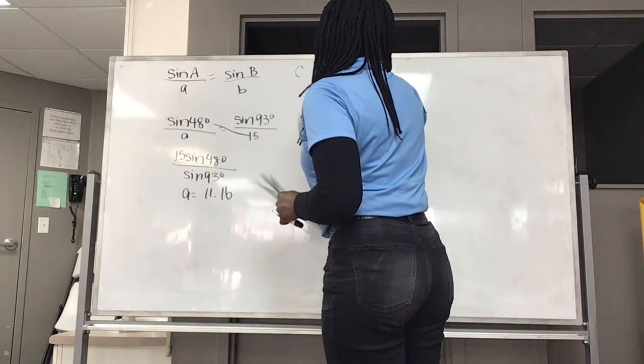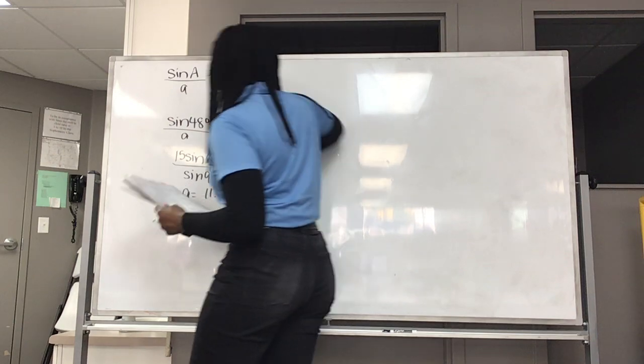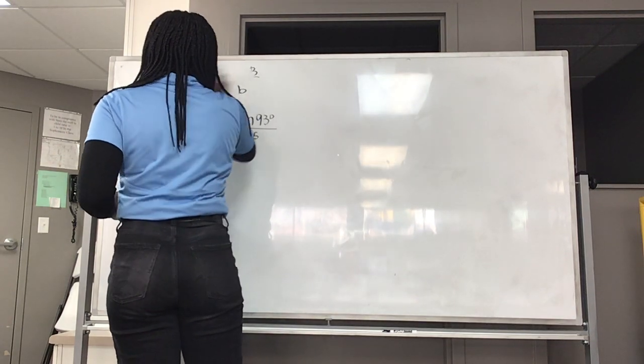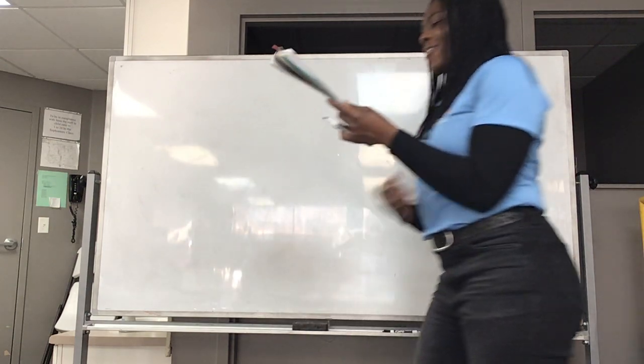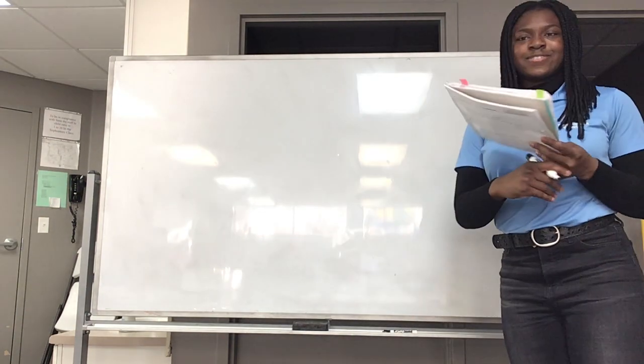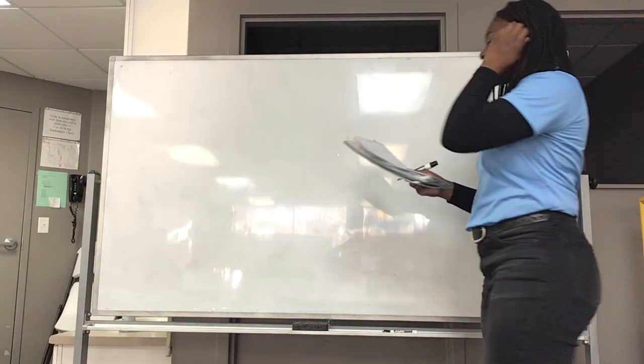Alright, so now, we'll stop. Okay, we'll do one more. So now instead of finding the side length, we're going to actually find the angle using the law of sines.